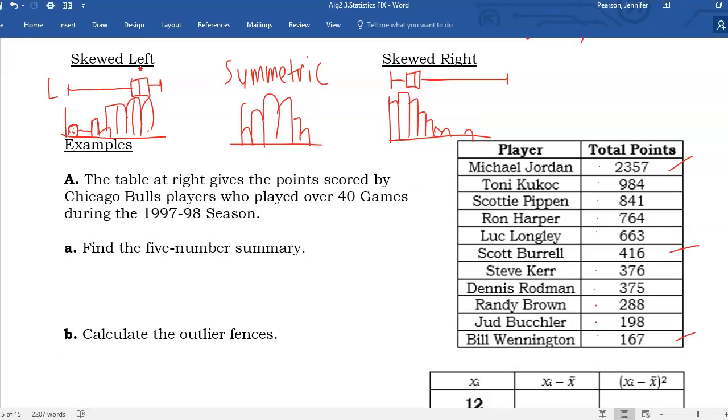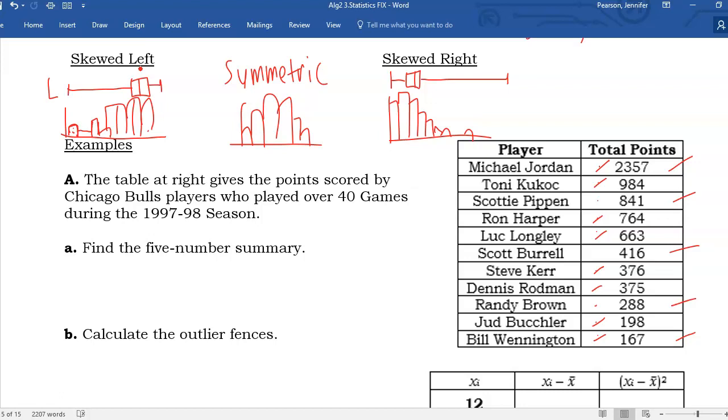And to find our quartiles, again, we're using the exclusive method, which means 2,357 matches up with 663. We do not include the median in our quartile calculations. So one more low to high shows me that my upper quartile is at 843. And again, 376 matching up with 167. And matching up right here, we have our lower quartile.